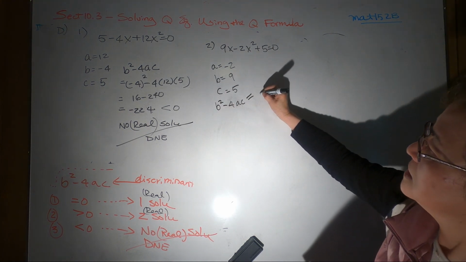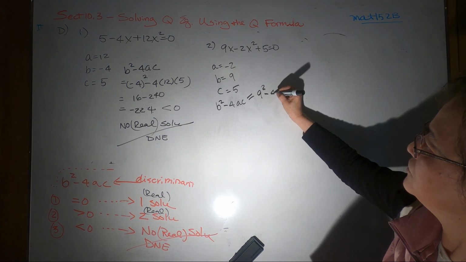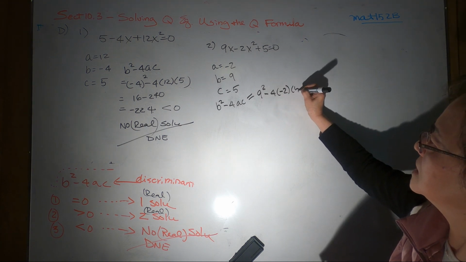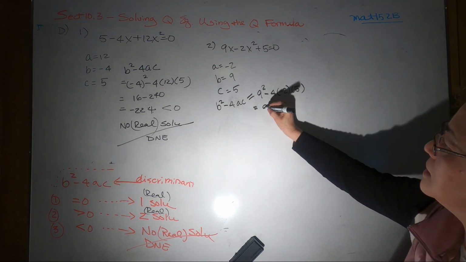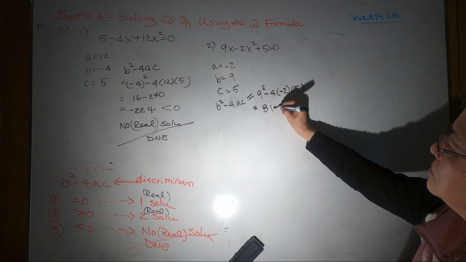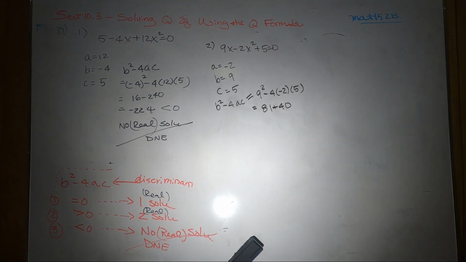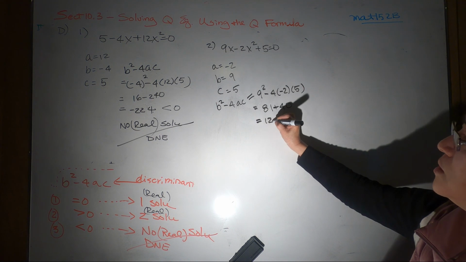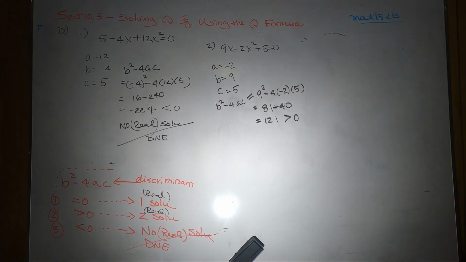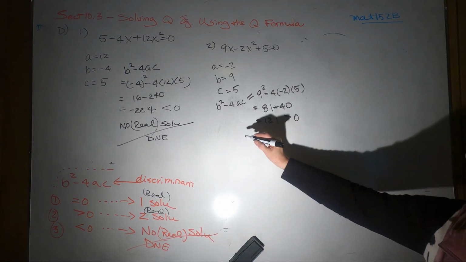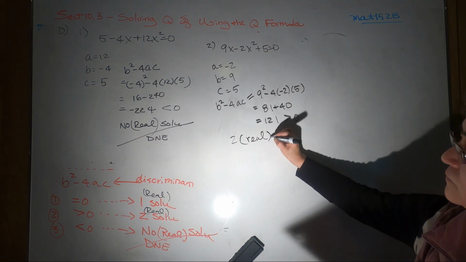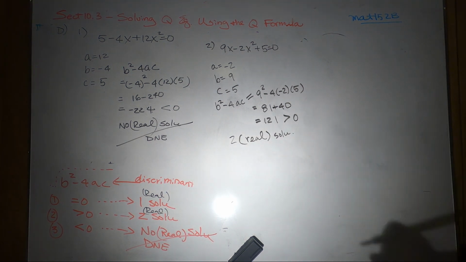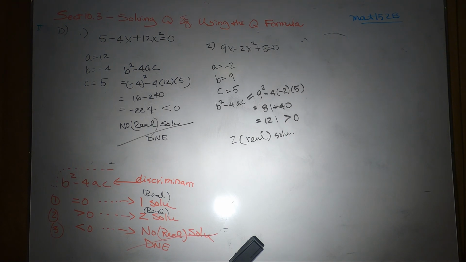That will be 9 squared minus 4 times -2 times 5, right? So that would be 81 plus 40. Is that right? So it's 121. So 121 is bigger than 0. What kind of solutions do we have? We should have here 2 real solutions, right?